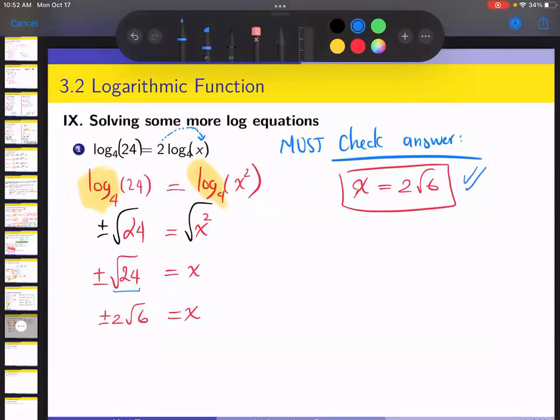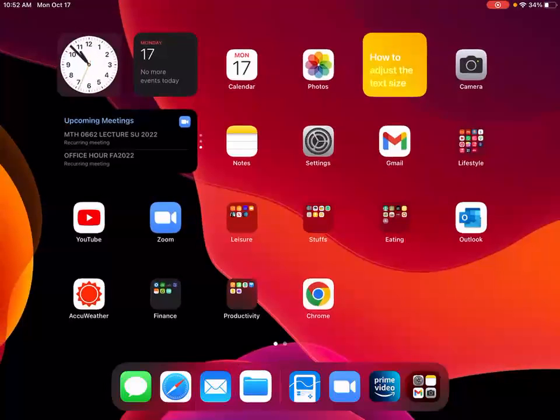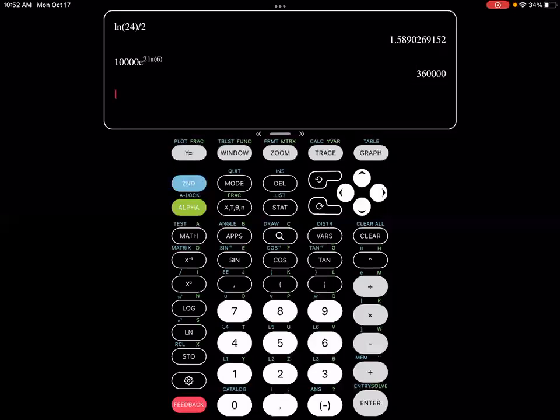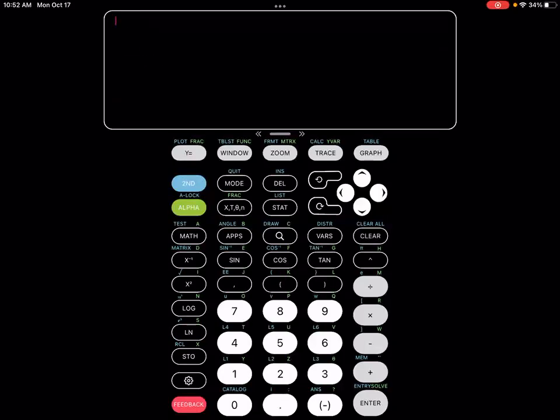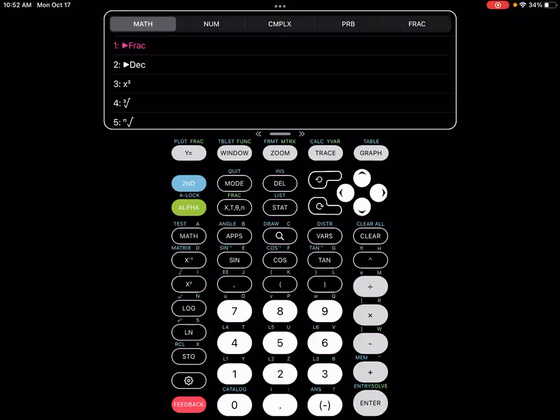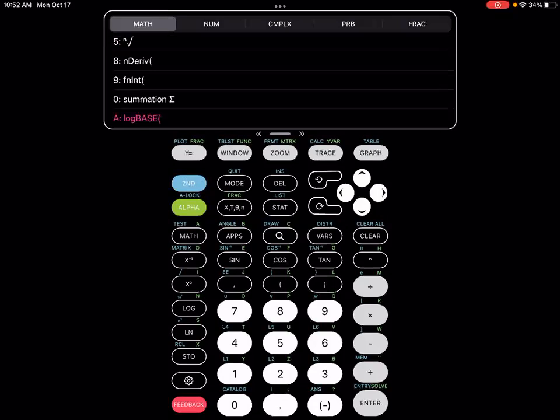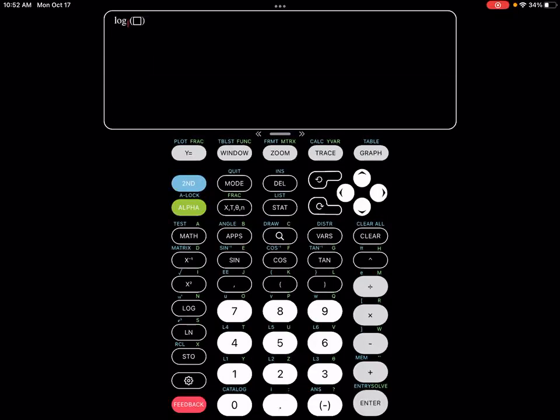Let me check. Someone remind me of the left-hand side. I forgot. So log base 4 of 24. Yeah, thank you. Go to Math, the upper arrow, log base 4 of 24. All right, it's 2.29 something. I want to check if the answer is correct.